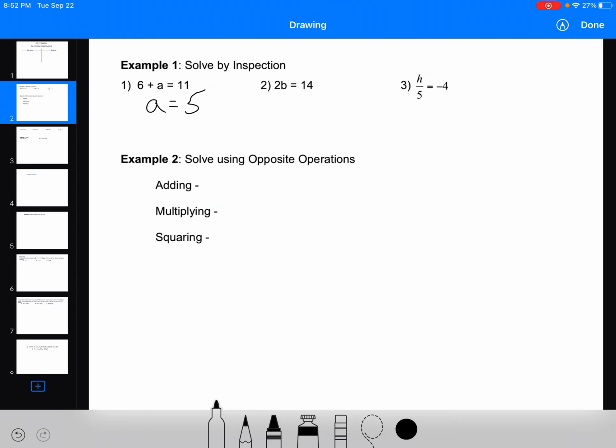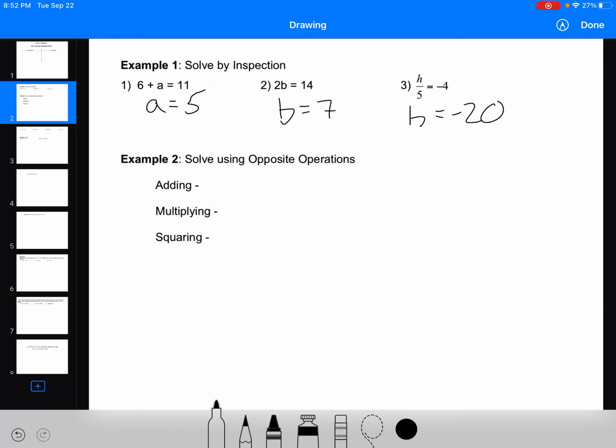Well, 2 times 7 is 14. So that means that b is equal to 7. Same thing here. Something divided by 5 is 4. Well, I know 4 times 5 is 20, and I need a negative, so I'm going to have h equals negative 20 divided by 5 is 4.